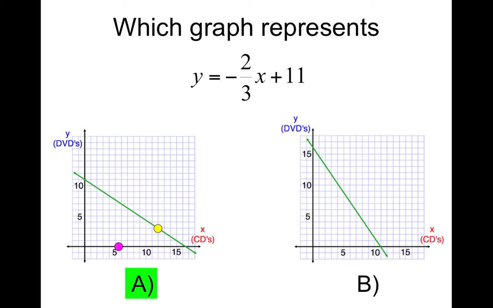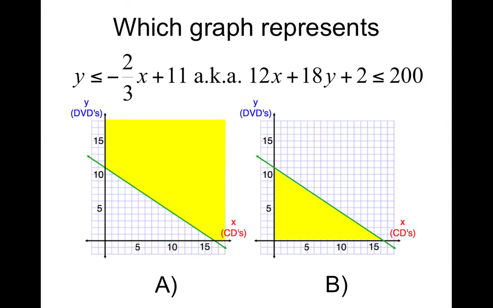If she purchases fewer than that, only 6 CDs and 5 DVDs, she'll be under the line. She'll spend less than $200. But if she tried to order 9 CDs and 10 DVDs, that would be too much. She's over the line, spending more than $200.